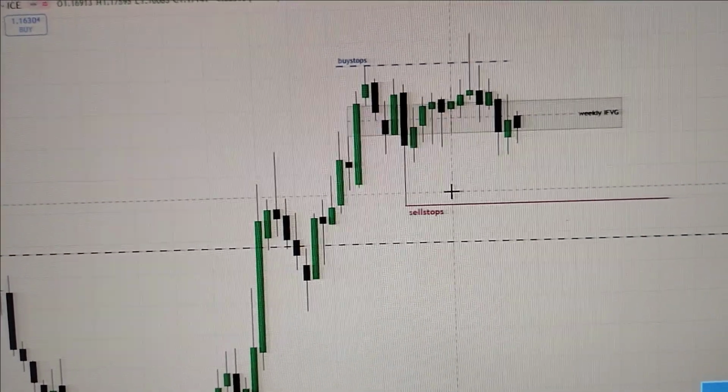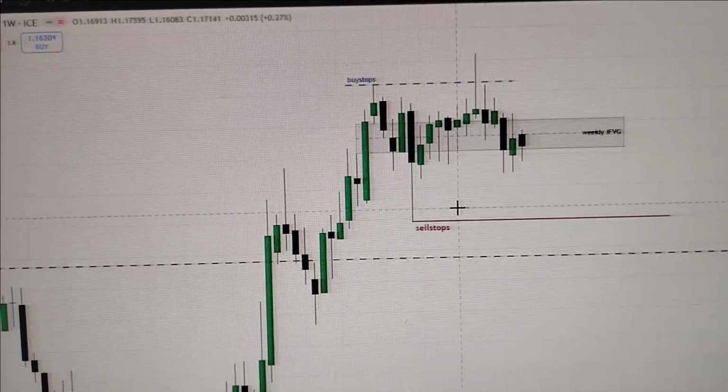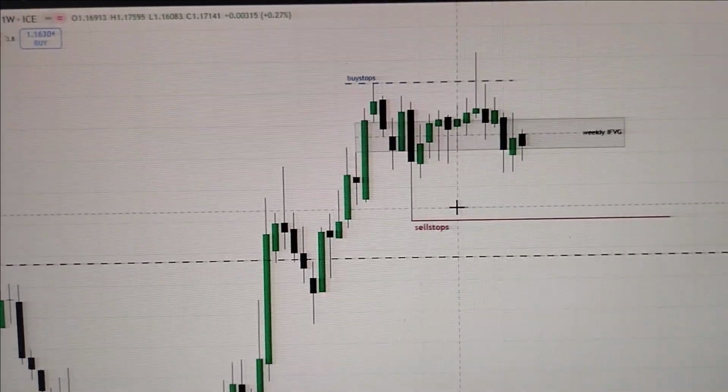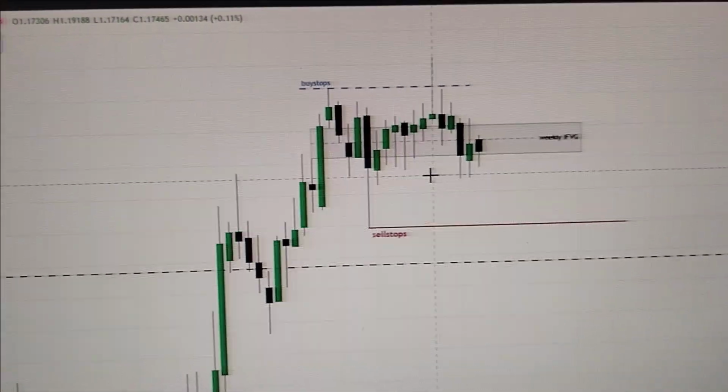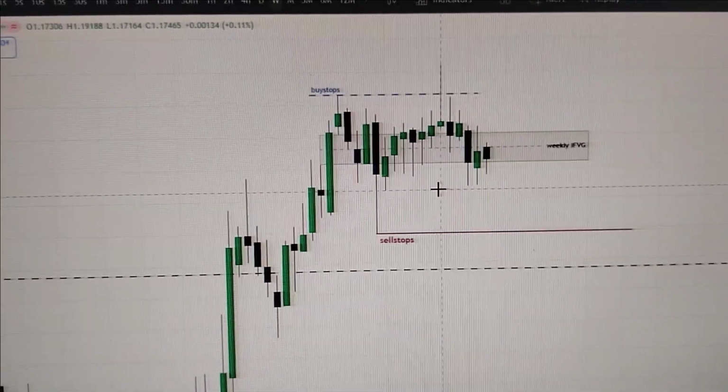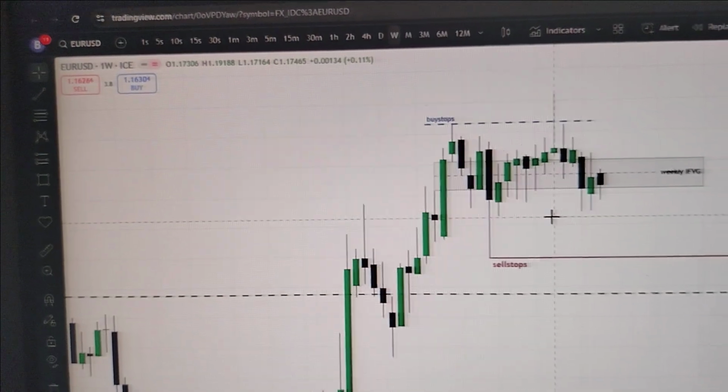I'm going to illustrate a few of the basic things which we normally use as ICT students, because we don't really need to know a lot of things so that you can trade.